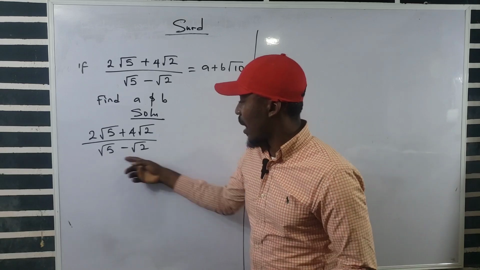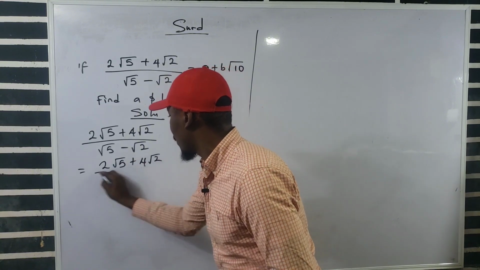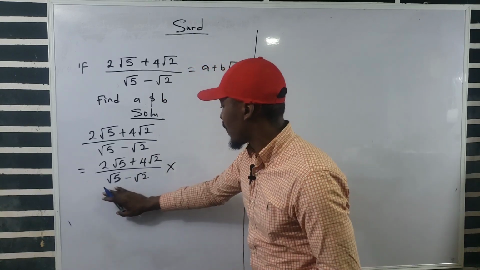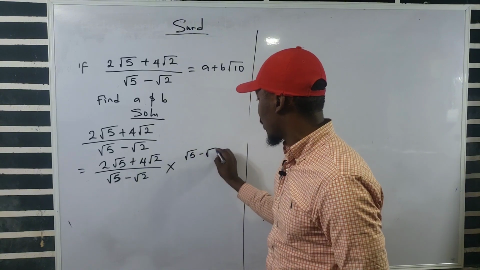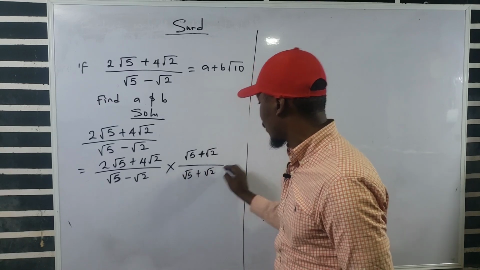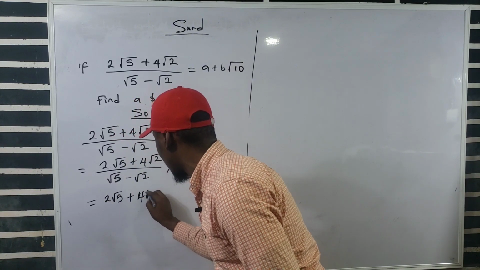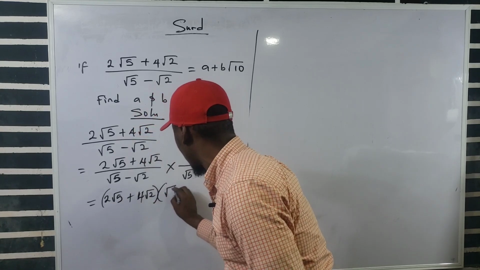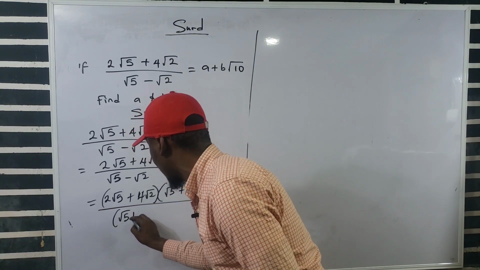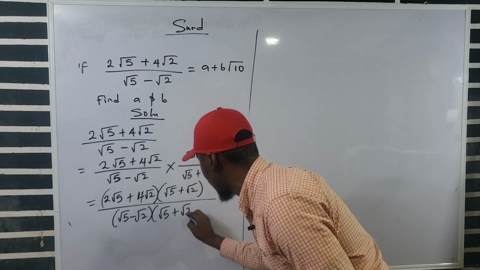You can see the kind of denominator we have, so we have to multiply by the conjugate. That will give us 2 root 5 plus 4 root 2 all over root 5 minus root 2, times the conjugate of root 5 minus root 2, which is root 5 plus root 2. So that will give us 2 root 5 plus 4 root 2 into root 5 plus root 2, all over root 5 minus root 2 into root 5 plus root 2.